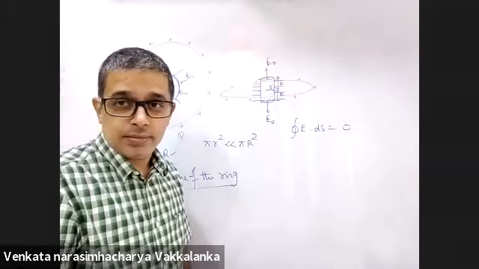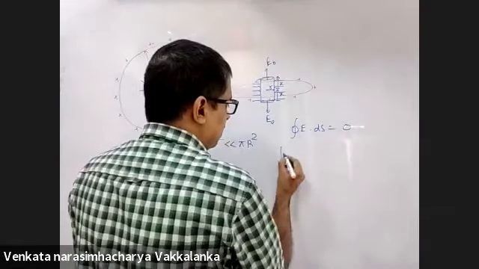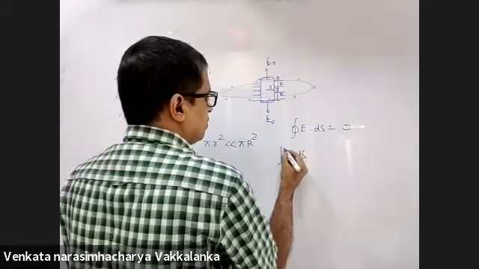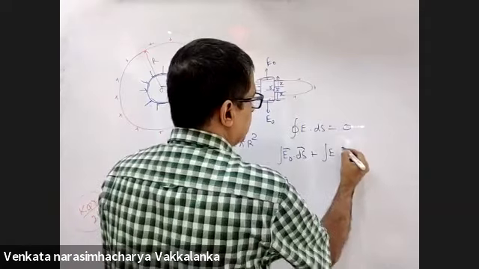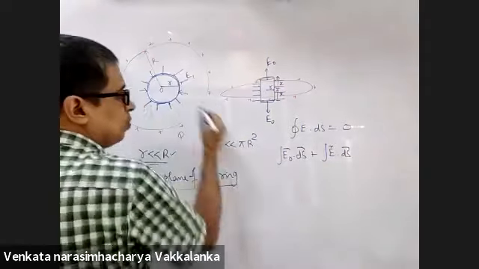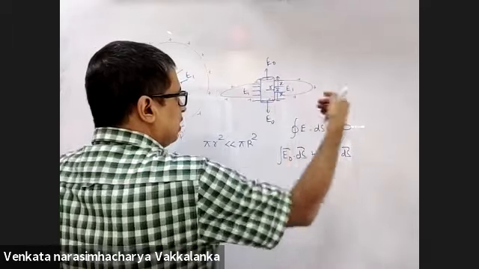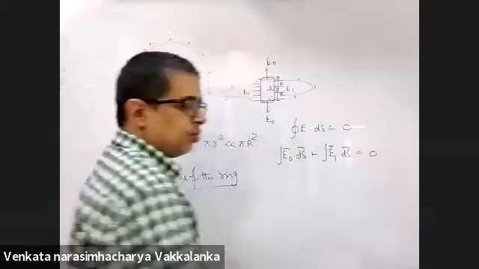No charges, no charge influence. E0 dot ds plus E dot ds, I'll take this field to be E1, this is E1, this is E1, radially inwards to the cylinder, should be equal to 0.